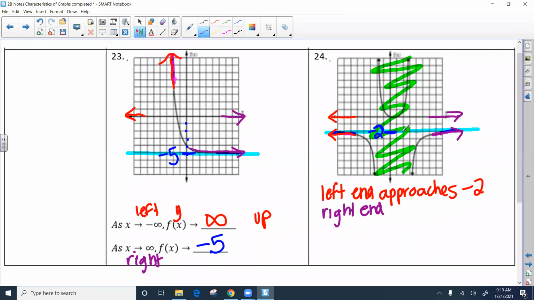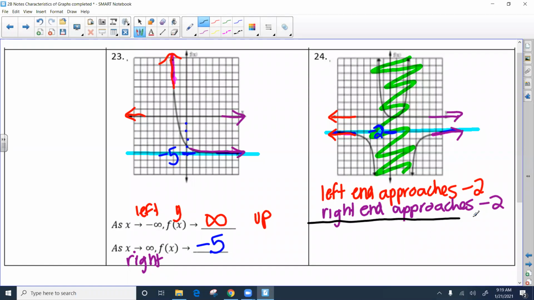Same as before, it's approaching this line, which means the y values, the outputs, are getting closer and closer to -2. They're getting closer to this line. So we would say the right end approaches -2 as well. Okay, so both ends approach -2. So that's how we would say it in words. We'd actually have to write out approaches.